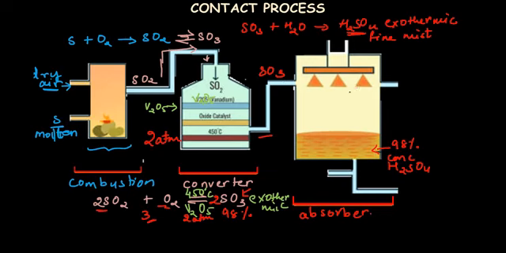So to avoid this danger, sulfur trioxide is first absorbed into 98% sulfuric acid. This process is going to produce another thick liquid called oleum, H2S2O7.